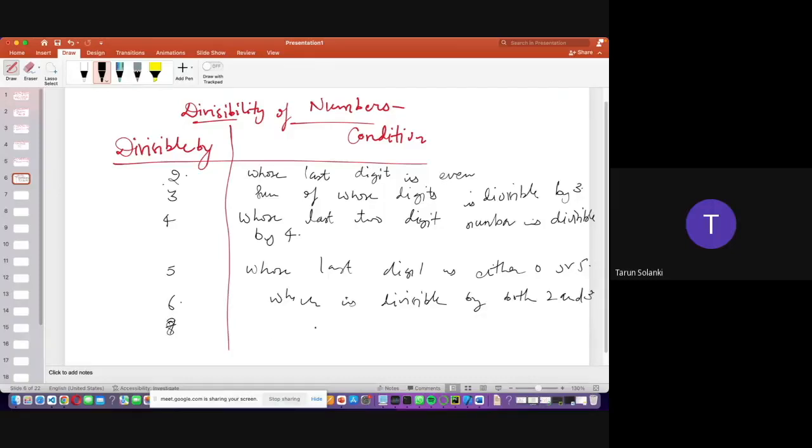Eighth, you can take eighth, whose last three digits are divisible by 8. Similarly, if we talk about the 9, that is sum of whose digits is divisible by 9. And next is 25, whose last two digits are divisible by 25. Okay, so these are some divisibility rules of given numbers.